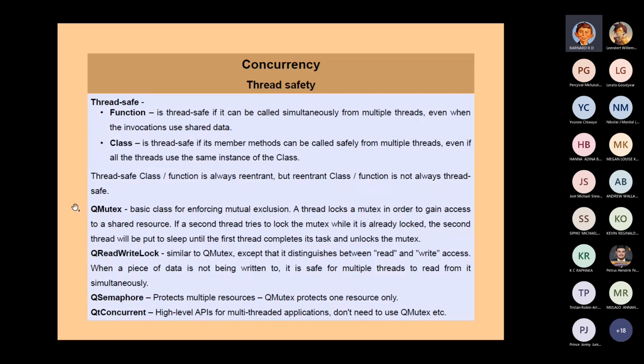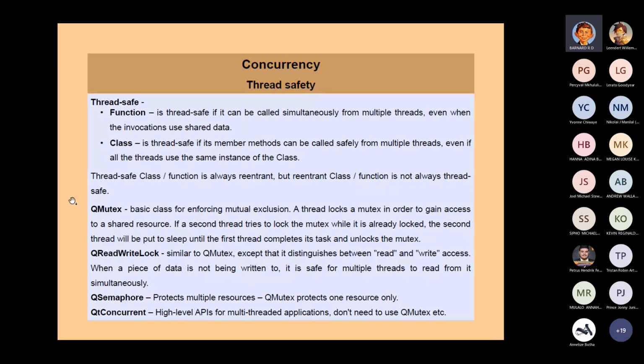Then moving on to other concepts that we will get to, or that you'll be required to use, there's QMutex, which is a basic class for enforcing mutual exclusion. A thread locks a mutex in order to gain access to a shared resource. If a second thread tries to lock the mutex while it is already locked, the second thread will be put to sleep until the first thread completes its task and unlocks the mutex.